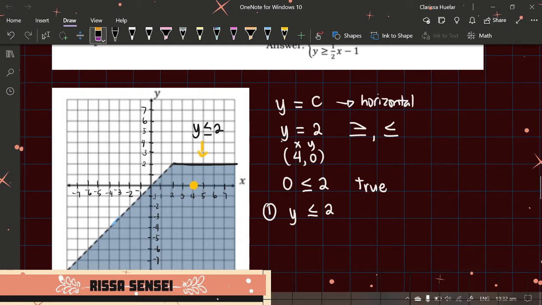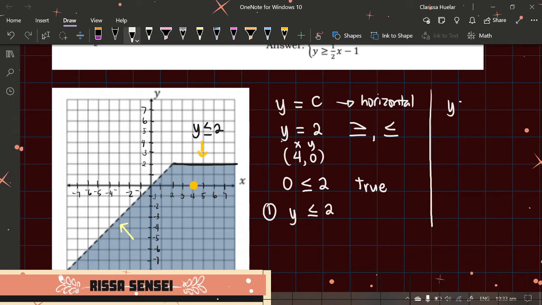Next, yung broken line. We're done with the solid line. Ngayon, yung broken line naman tayo. So, ito. Hindi masyadong kita. Ayan. So, itong broken line na ito. Since it's a slanting line, gagamit tayo dito ng slope-intercept form.